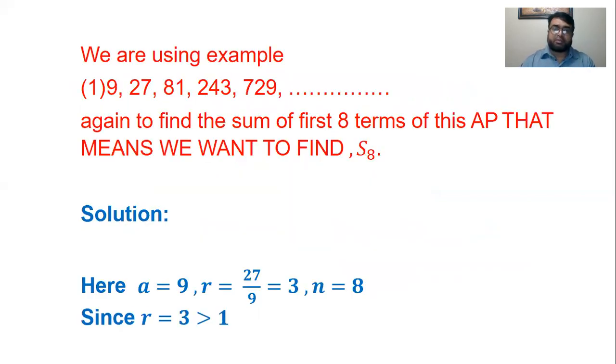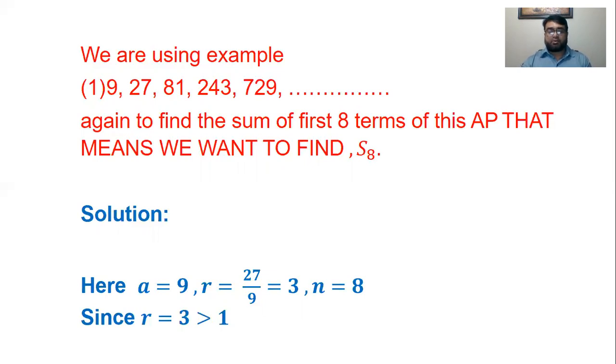Okay, so here is an application of the formula. The example one is here again. a is 9, the first term, r, the common ratio, is 3, and n is 8 because we want to add up 8 terms of this sequence, I mean of this series. So S8 means the summation of the first 8 terms, starting from 9, the first term, then plus 27, plus 81, and so on.